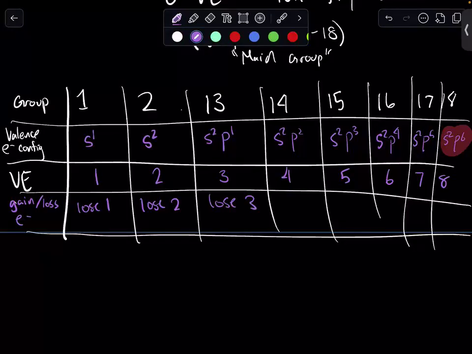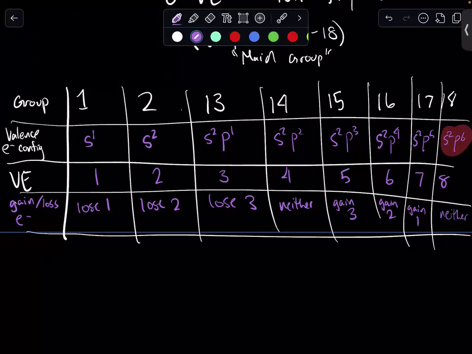Now, 14 is an interesting case. It could lose 4 or gain 4. So what actually happens is nothing happens. These atoms in group 14 do not tend to become ions either way. 15 is going to gain 3. 16 is going to gain 2. 17 is going to gain 1. And 18 is also not going to do anything.